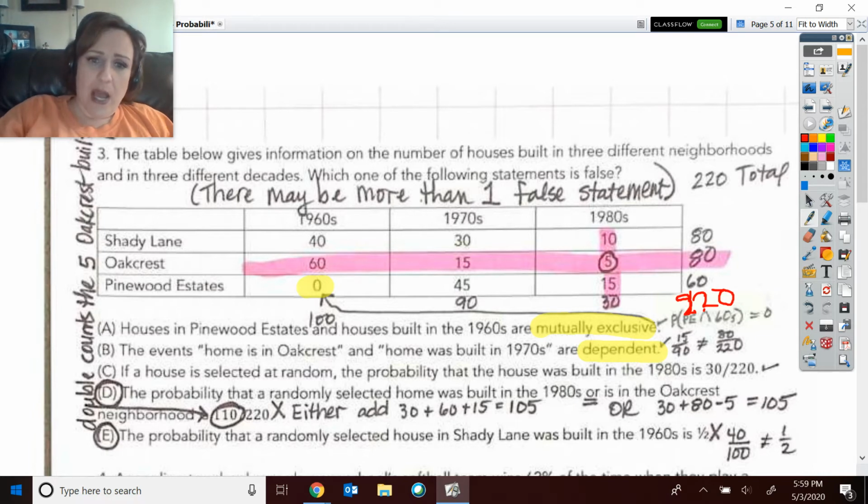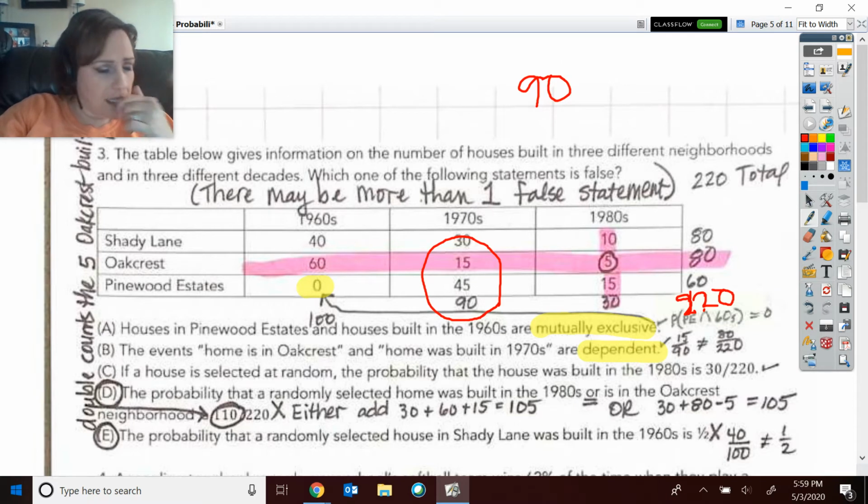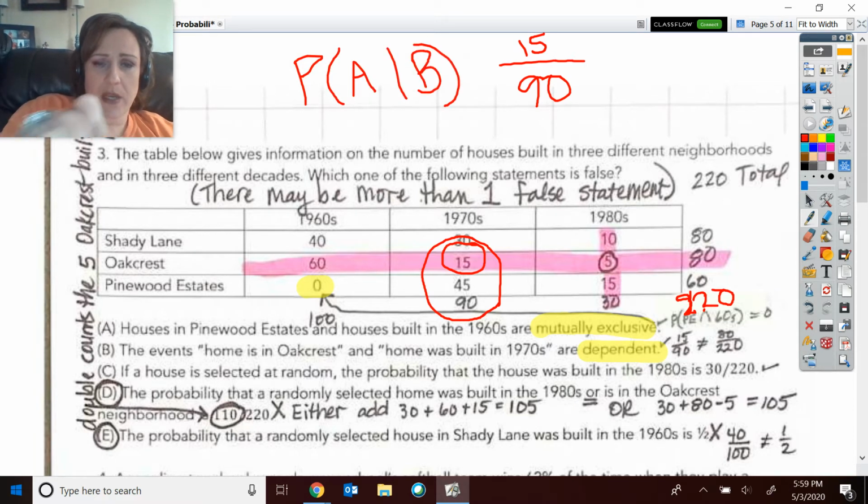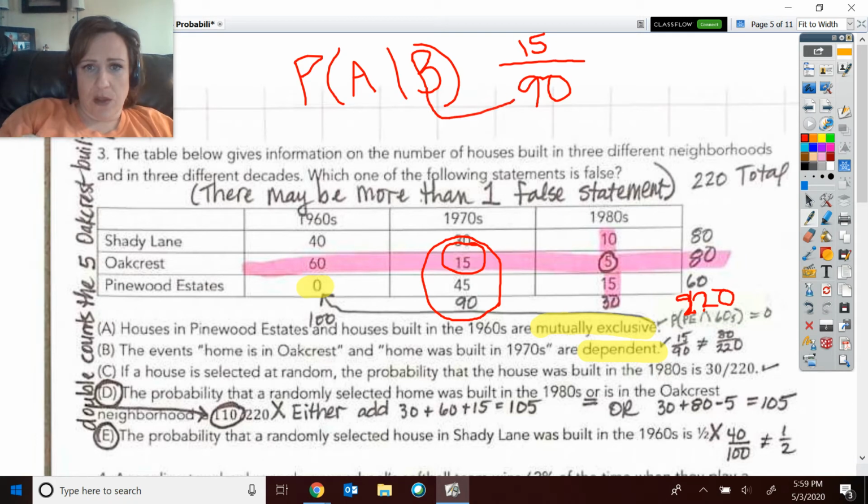I was seeing, given that you are in the 1970s, out of 90, what is the overlap of Oakcrest and the 1970s? That's 15 over 90 right there, and that is A given B. Out of all of the 1970s, B is the 1970s, A is Oakcrest.